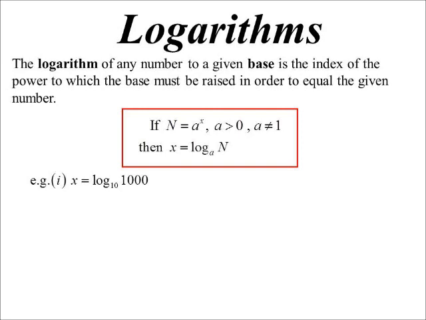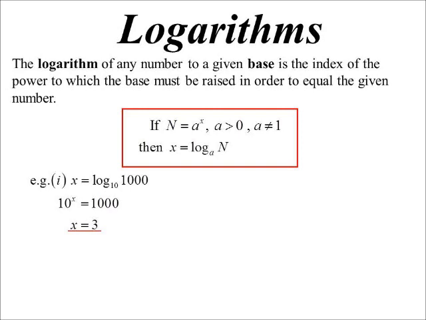So if x is the log of 1000 base 10, basically we're saying 10 to the power of what gives us 1000, because the base doesn't change. So we can turn it back into an exponential equation by undoing the log, if you like. So to undo the log, we exponentialize both sides.